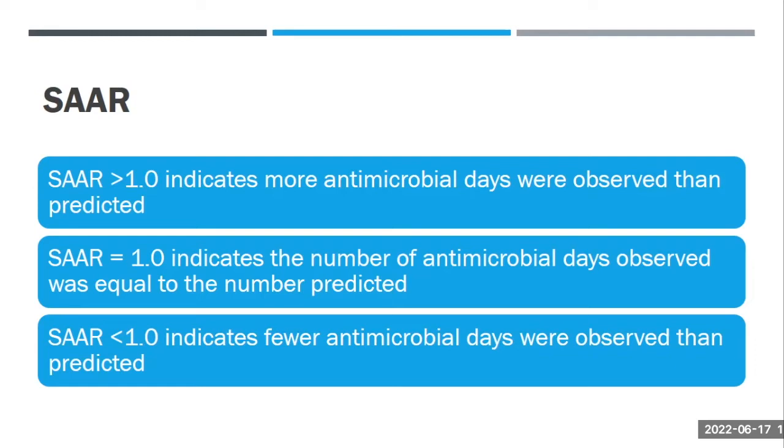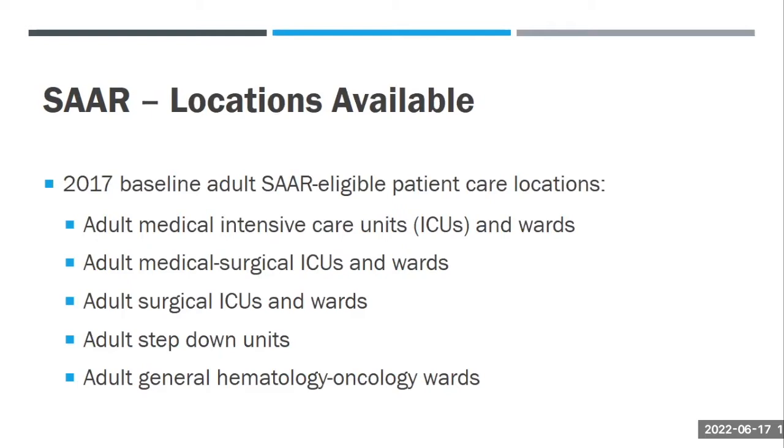So we'll talk about some of the limitations in the future. But really that's the key point to keep in mind: 1 would be as much as expected, greater than 1 is more than expected, less than 1 would be less than expected. And so like I talked about, for the adult side, the last benchmark was done in 2017.